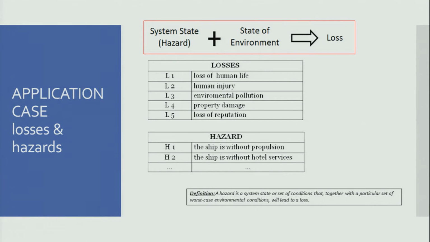In case, for example, we are in very heavy environmental conditions, or close to the shore, this kind of hazard is likely to become a loss. So the ship can go on the coast, and of course in that case we run the risk to lose the ship and to lose human life. So the hazard we are focusing on in this paper is the ship without propulsion.